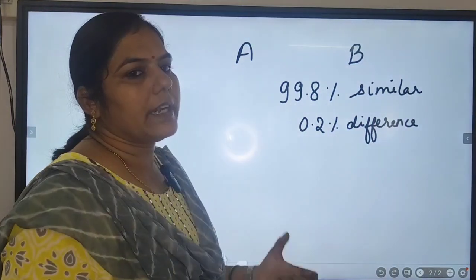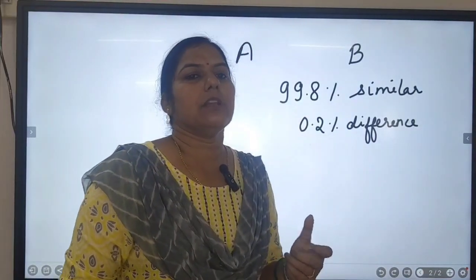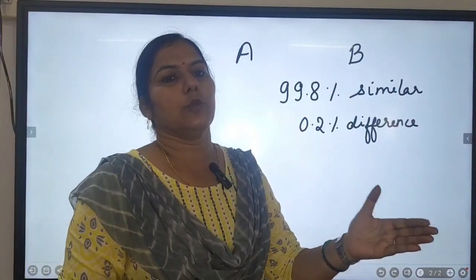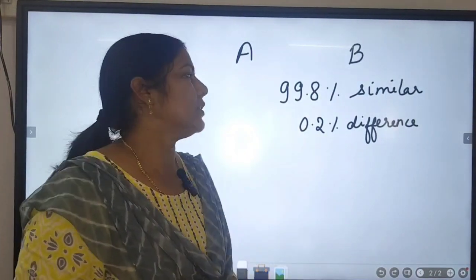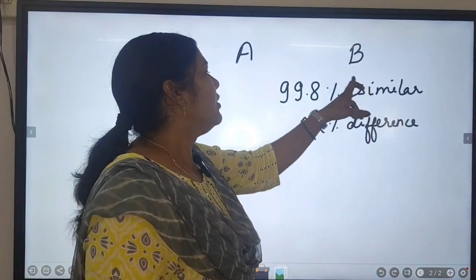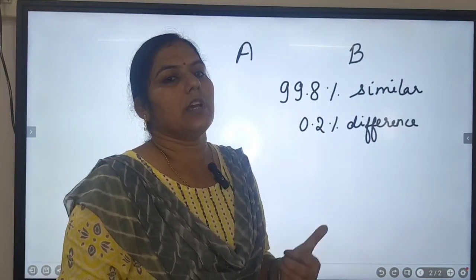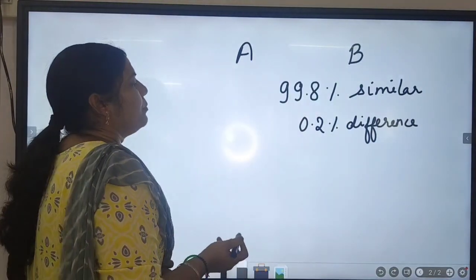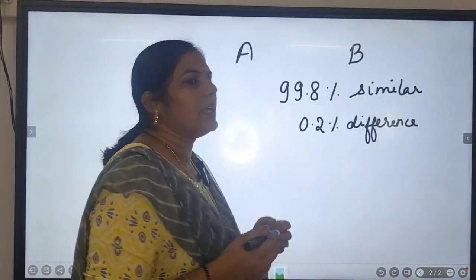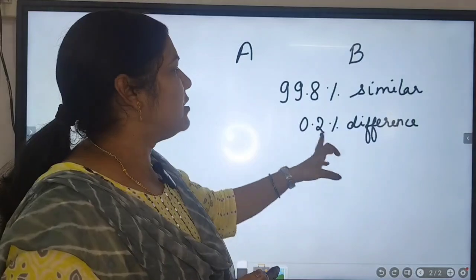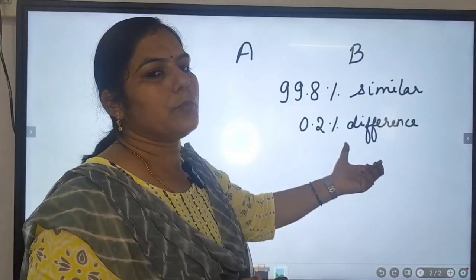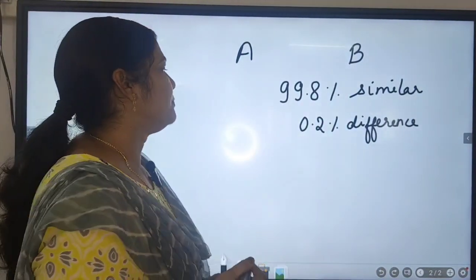And we know that everyone is unique. Meaning I am different from any other human, or you are different from any other human. But we all have 99.8% DNA which is similar in everyone. But the difference which makes us unique is within this 0.2% difference.